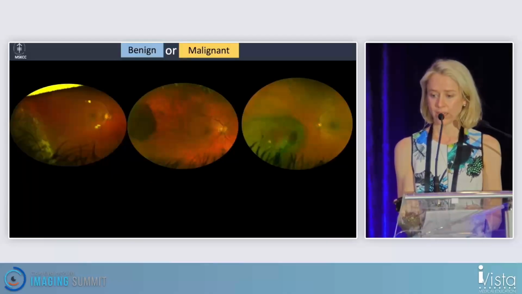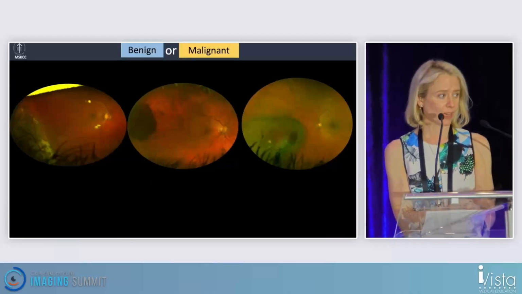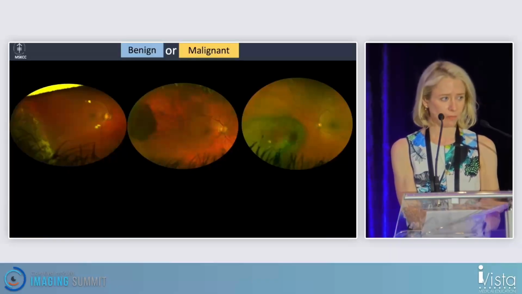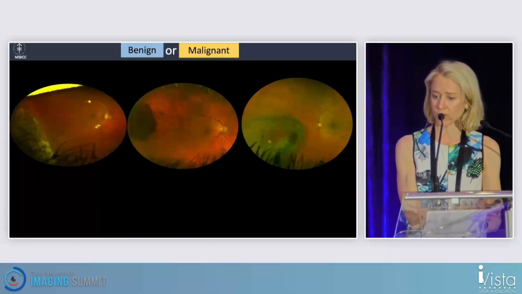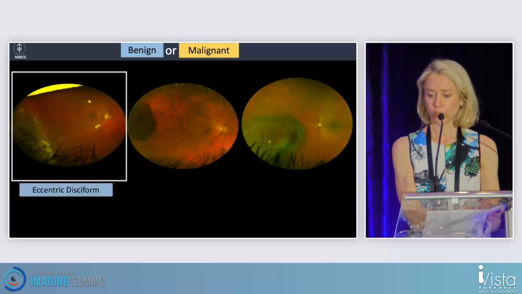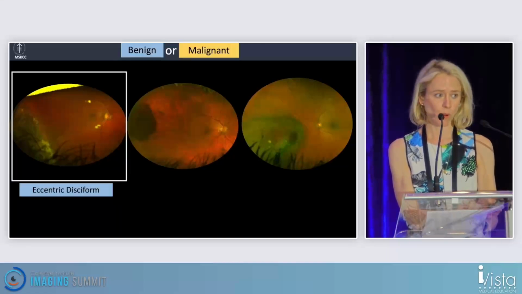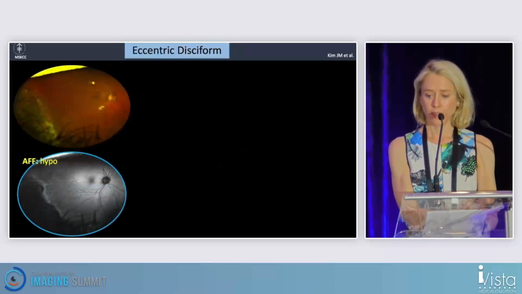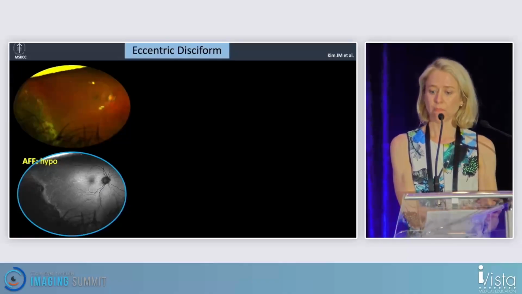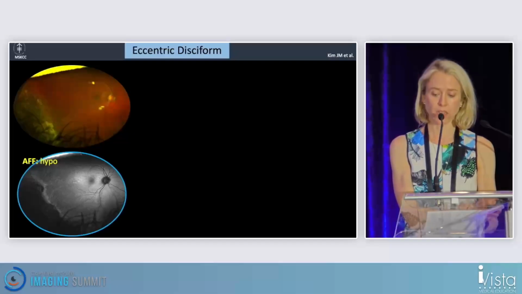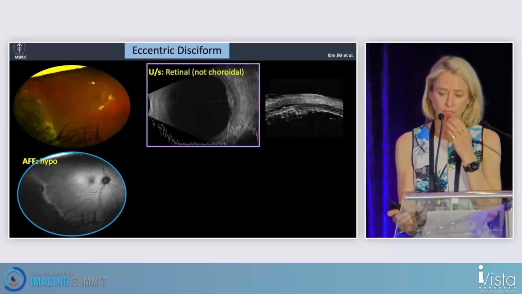So moving on to the next 3, here are 3 more melanocytic lesions. So in your head, be thinking what you think is benign and what's malignant. This first one is eccentric disciform, or PECAR. And on the autofluorescence, it's mainly hypo, but you can see some areas of hyper-autofluorescence.